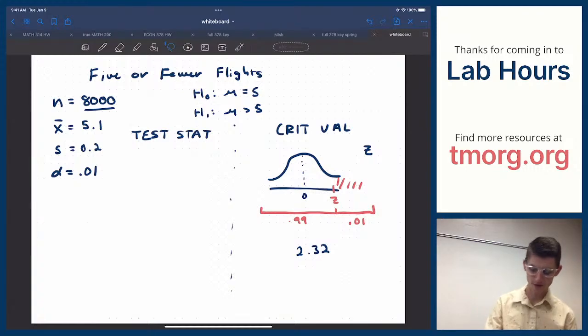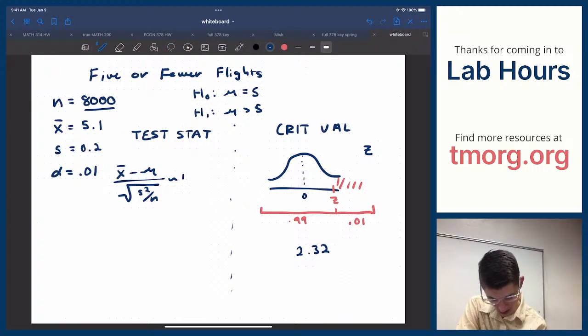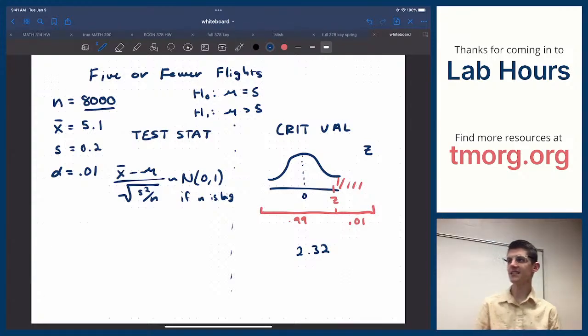Now I'm going to jump back over to the test statistic side. We all remember the formula for this test statistic. We're going to be using standard normal because we figured out that n is huge here.